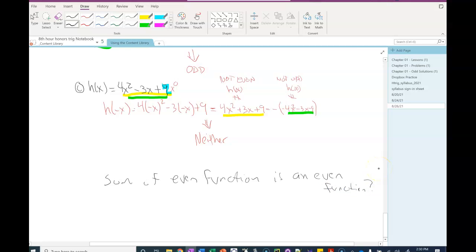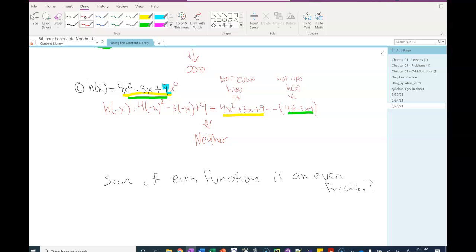Do we think that is true? It seems like it, at least if the even functions we're talking about are monomial functions, or even degree that certainly appears to be true. It seems like we have the evidence for that.